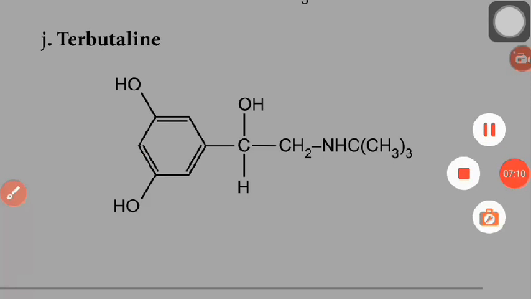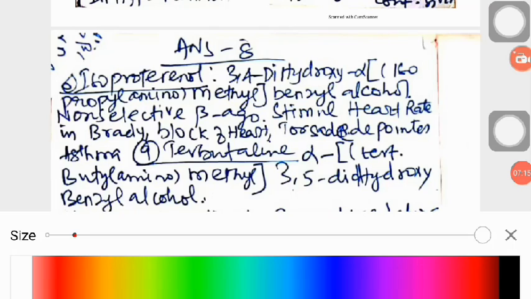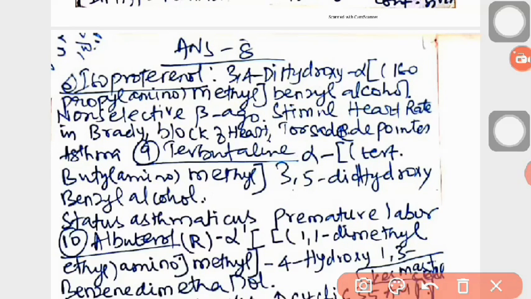Okay. So coming to the terbutaline chemical name, alpha tertiary butyl amino methyl. See, the bracket should be closed here. It is starting here and it is closed here. Then square bracket closed.